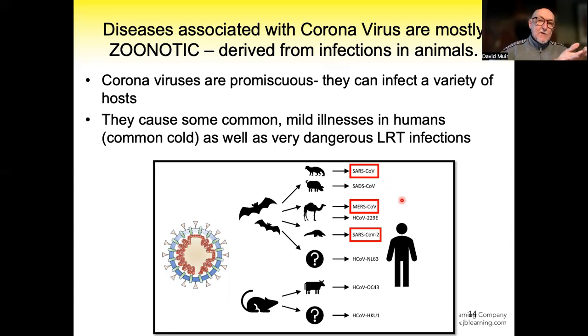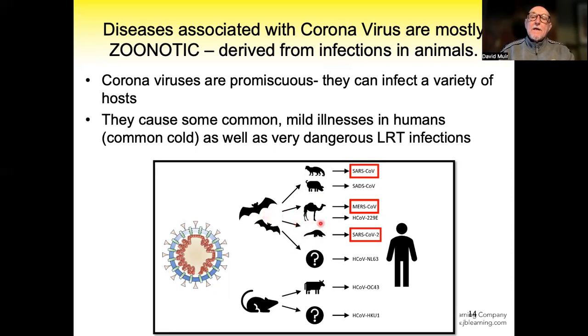Then there are some other strange ones. This one here, MERS, is Middle East Respiratory Syndrome. And human beings acquire it from camels. But it is probable that these animal reservoirs acquired it originally from bats.